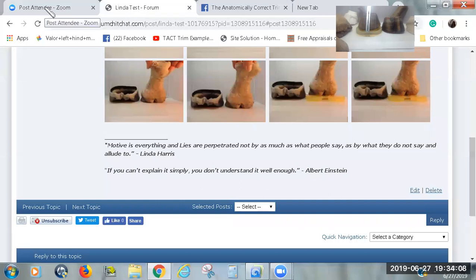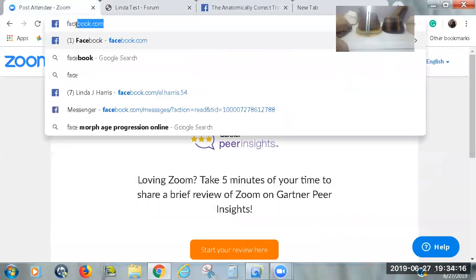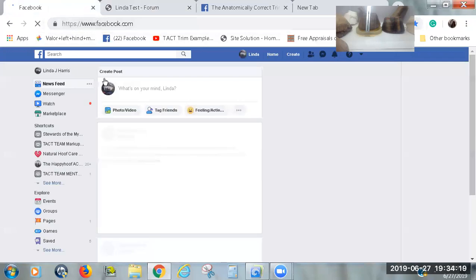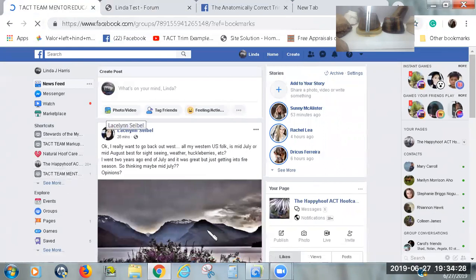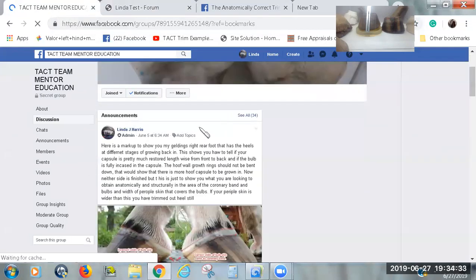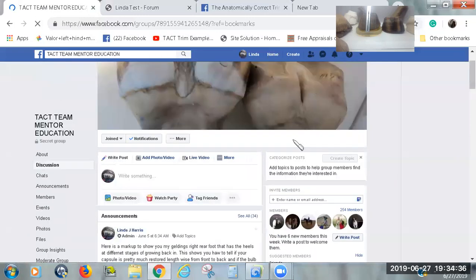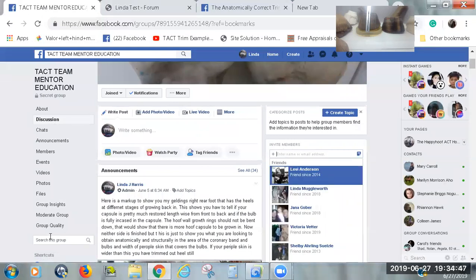So we're going to go to Facebook and look at your pictures and then get my pictures. Might be the mentor page. Boy, look at that, that's pretty. We're going to look at your x-rays, then we're going to look at mine that were taken between 2009 and 2011, somewhere around there.